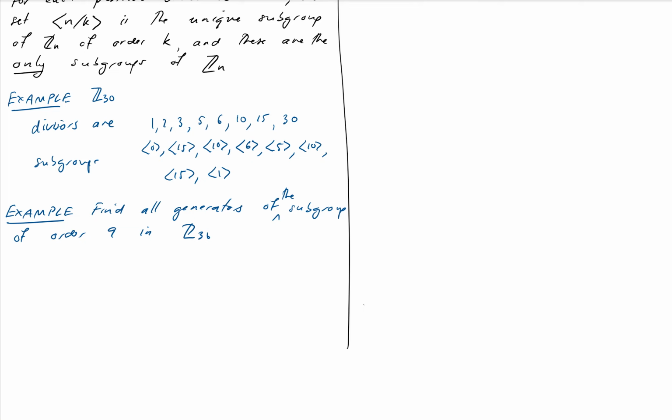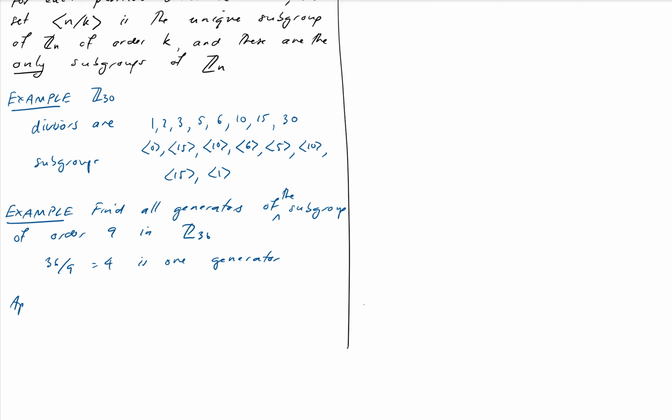Okay, so we know that Z36 has a subgroup of order 9, and it's going to be generated by 36 divided by 9, which is 4. So 36 over 9 equals 4 is one generator.